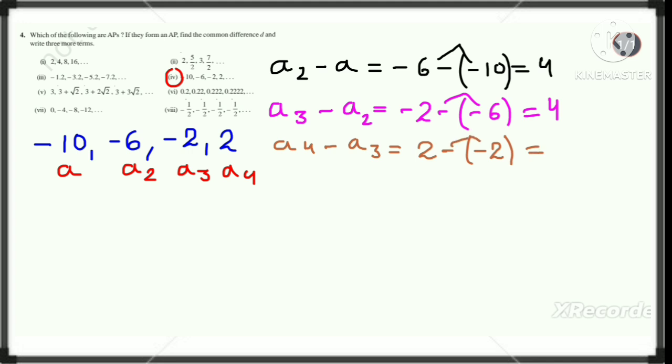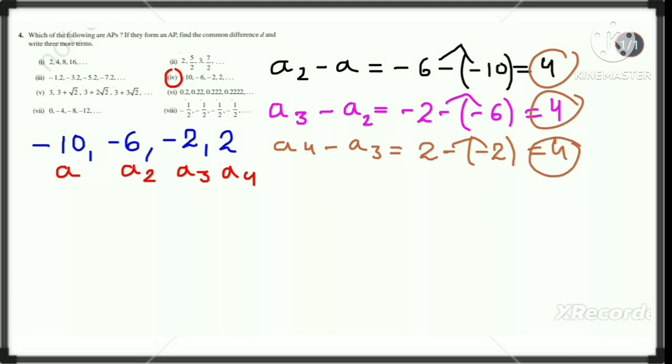Now here minus into minus plus, and plus 2 and plus 2, we obtain 4. In this way here we came to know the difference between each term is the same, that is 4. So we can say that it is an AP.